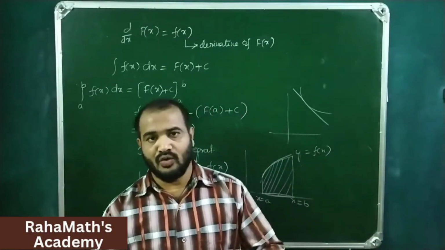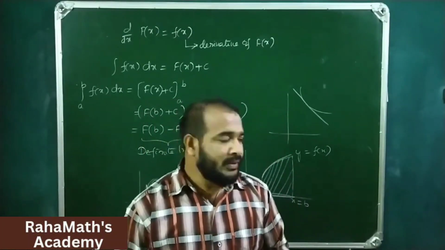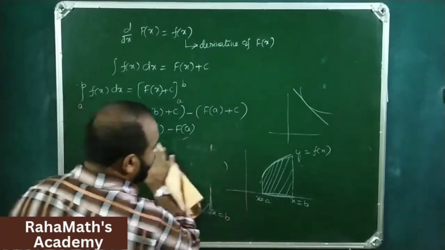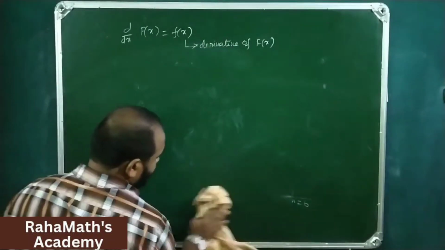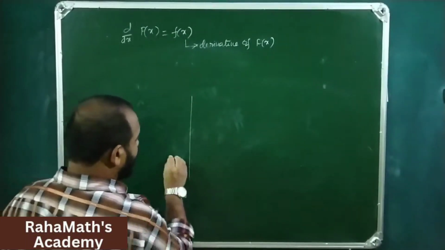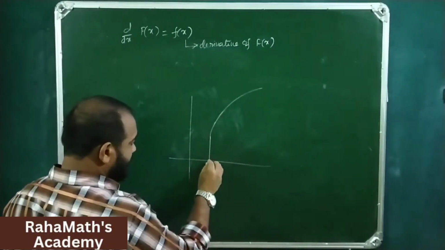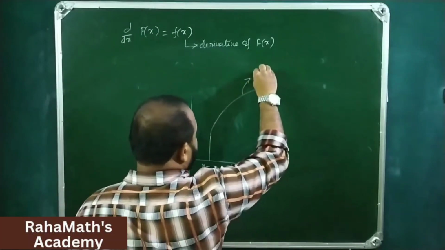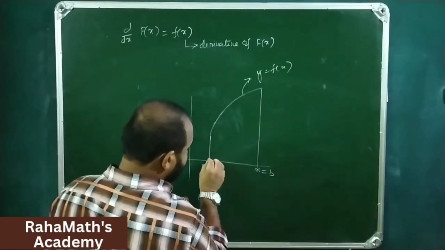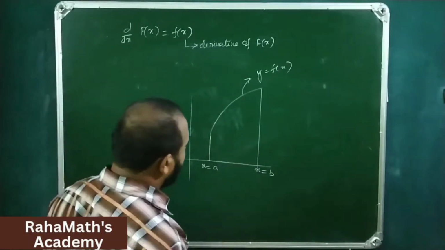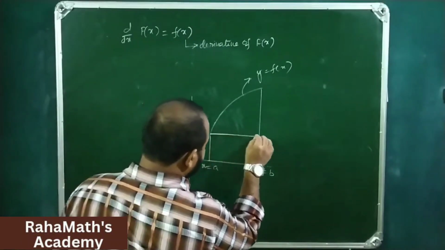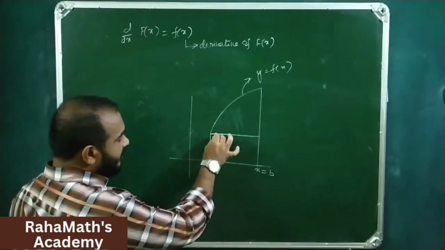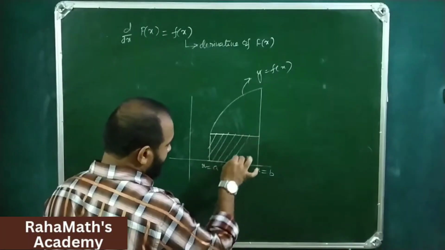For example, this curve is there, this is x equals a, this is x equals b, this is the curve y equals f of x, and this is the x-axis. I want this area, for which I will make this into a rectangle and find its area.